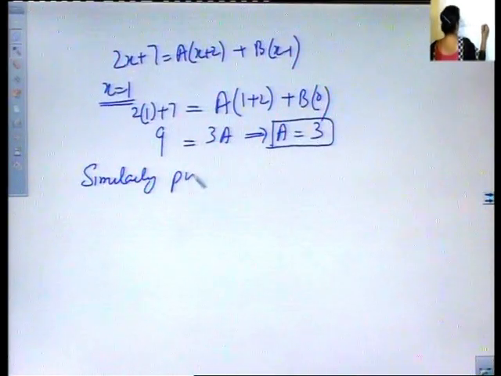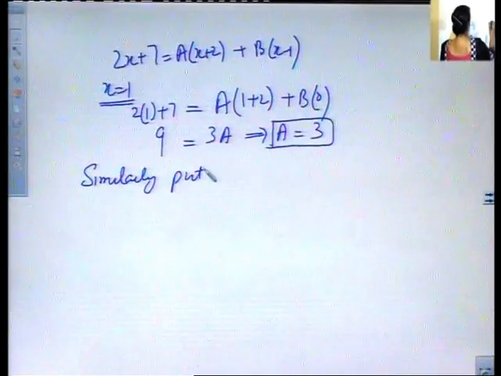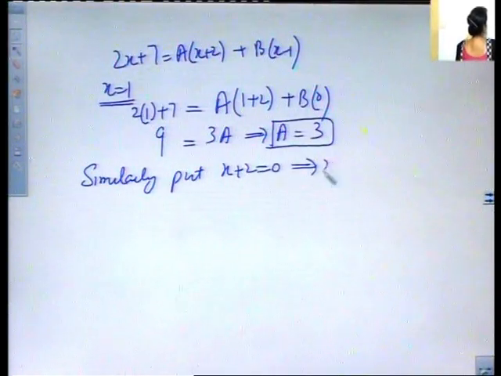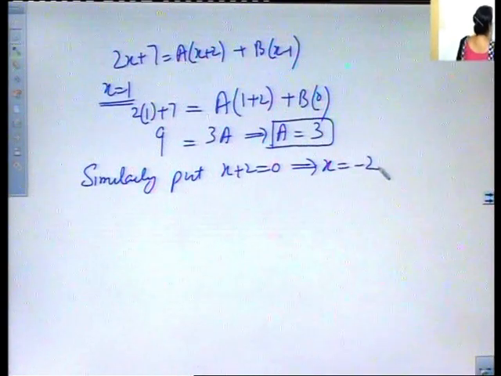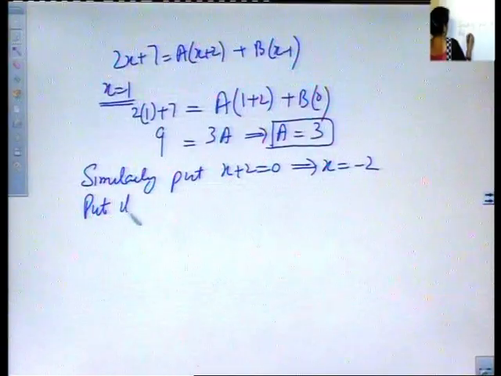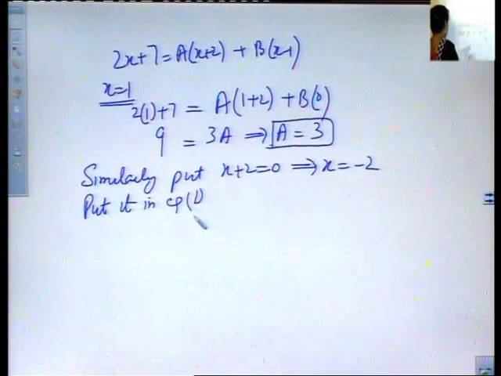Similarly, put the other factor x plus 2 equal to 0. This implies x is equal to minus 2. Put this in equation 1.